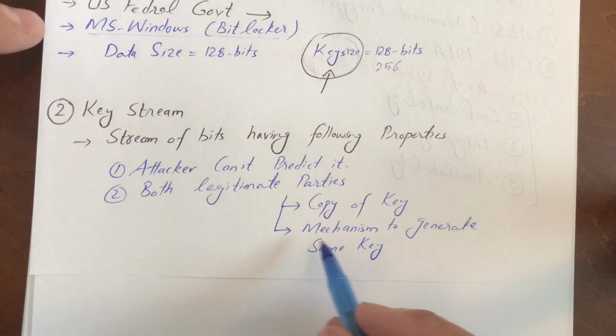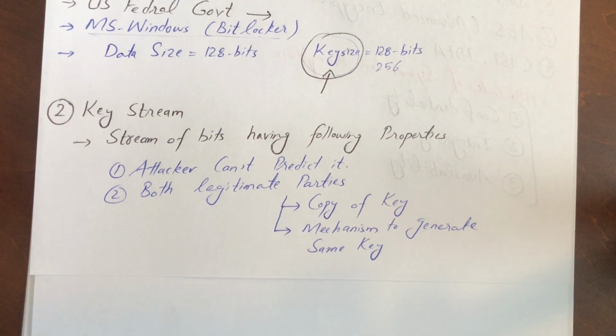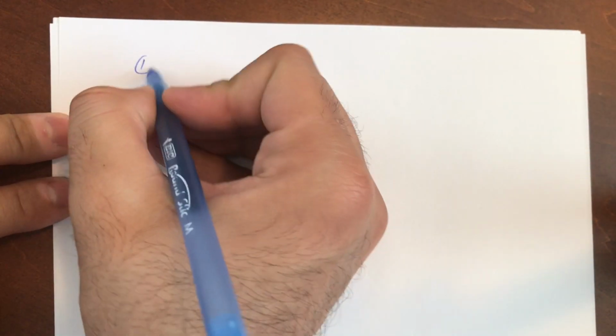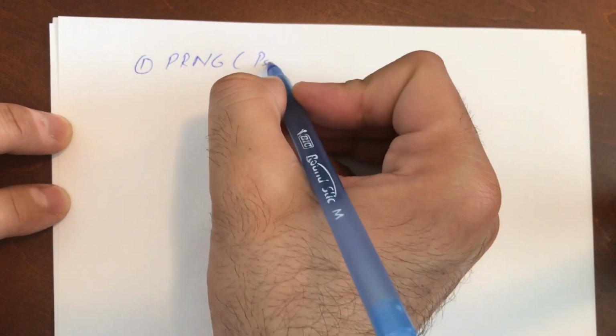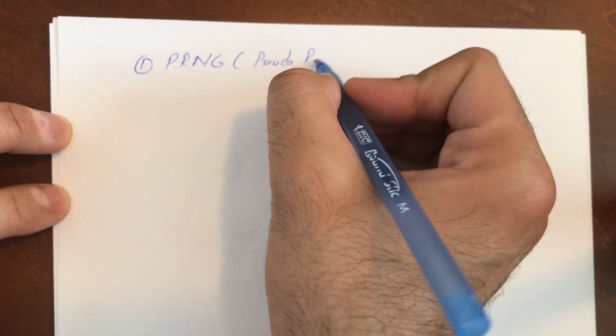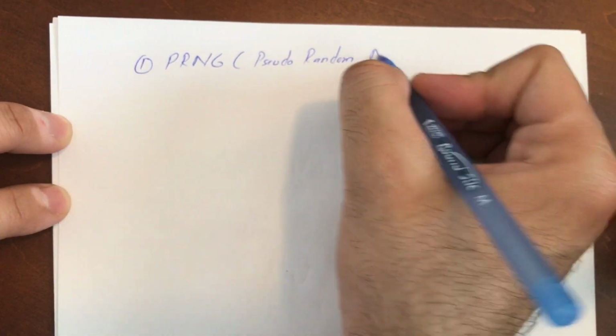So to generate a key, there are many methods that we use to generate the same key on the sender and receiver end. For example, one of the ways is using PRNG, pseudo random number generators.